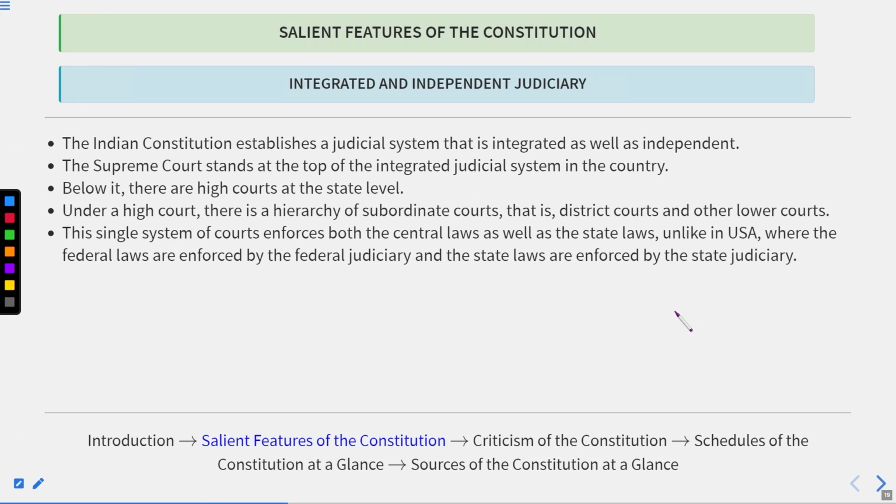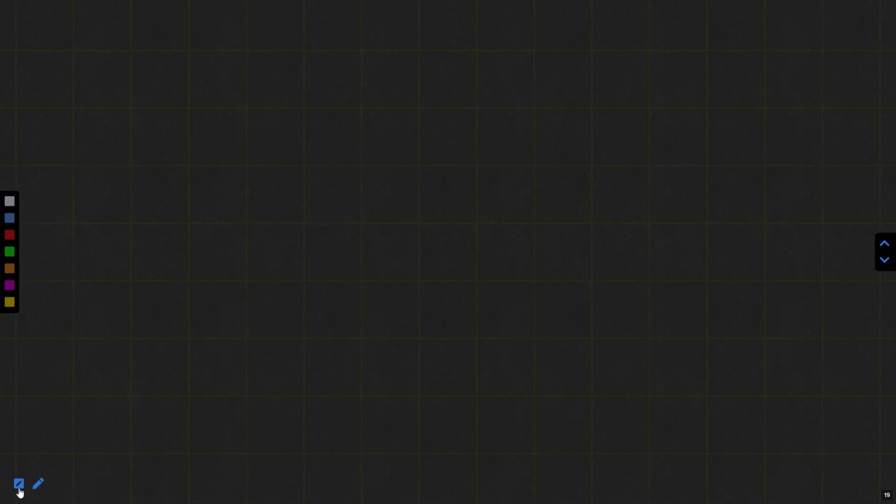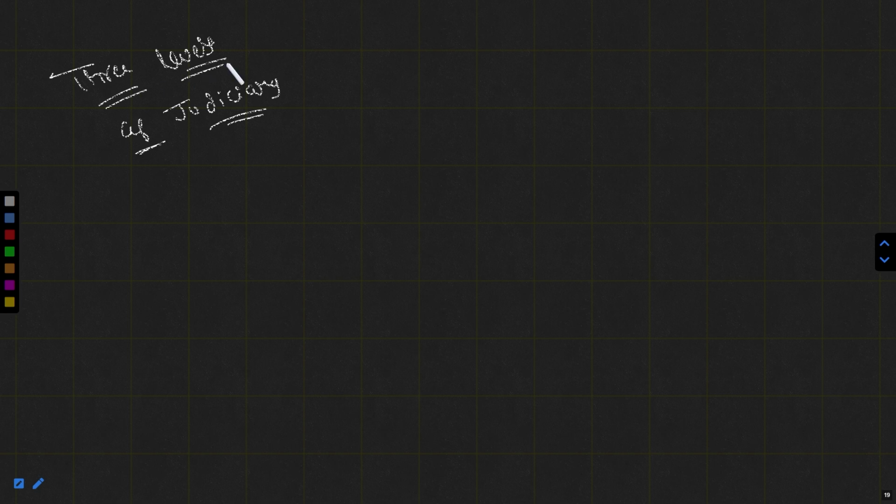Thereafter, the next feature we have is the integrated and independent judiciary. The Indian Constitution established a judicial system that is integrated as well as independent. So what is the meaning of this? Basically, in India we have three levels of judiciary.